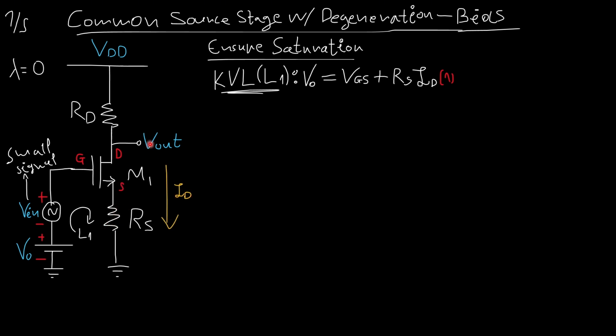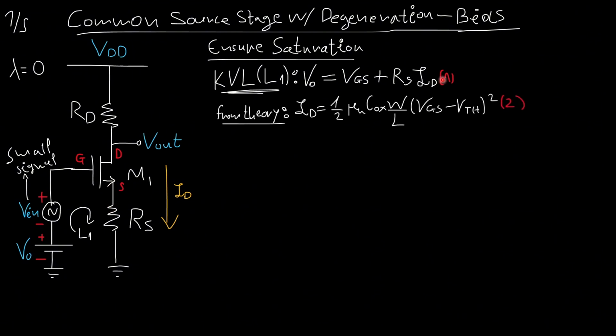All right, this is the current flowing from the drain to the source, all the way from VDD to the ground. And from theory, I know that this current must be equal to 1 over 2 mu n Cox W over L times VGS minus VTH squared, for the saturation region.